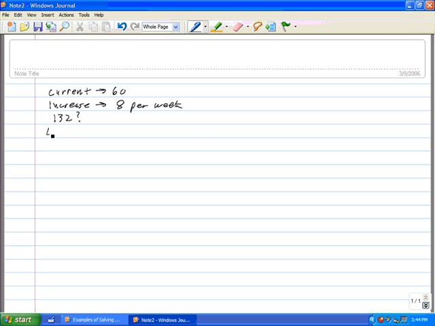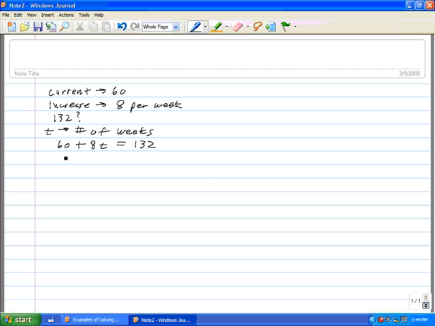So let's let t represent what we're looking for, which is the number of weeks. And our equation will be current production of 60 plus 8 per week, which means 8 times the number of weeks, until we reach the 132.